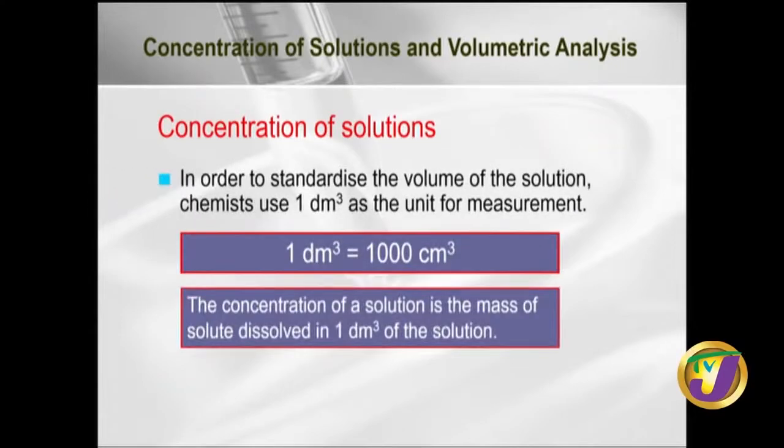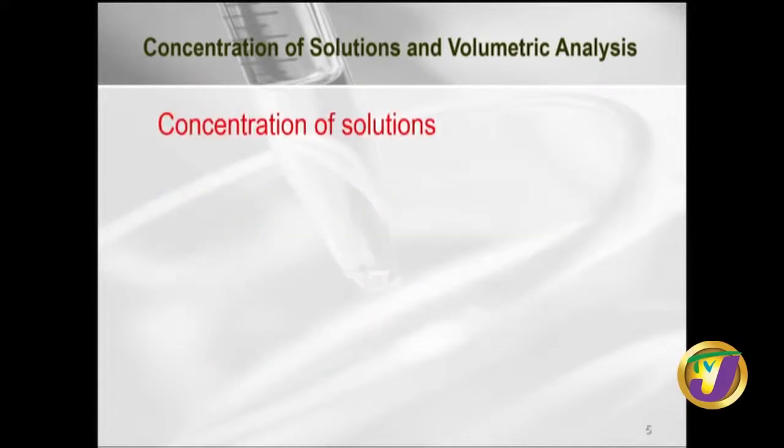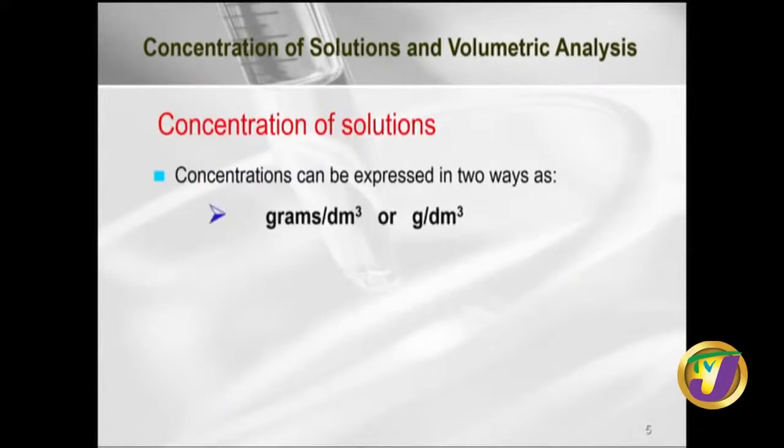All right? So since we understand that, let's move on. Remember that 1 dm cube is equivalent to 1,000 cm cube, right? So let's talk about our units again. Our unit for mass concentration is gram per dm cube, written as g/dm3, and our moles per dm cube is written as mol/dm3.